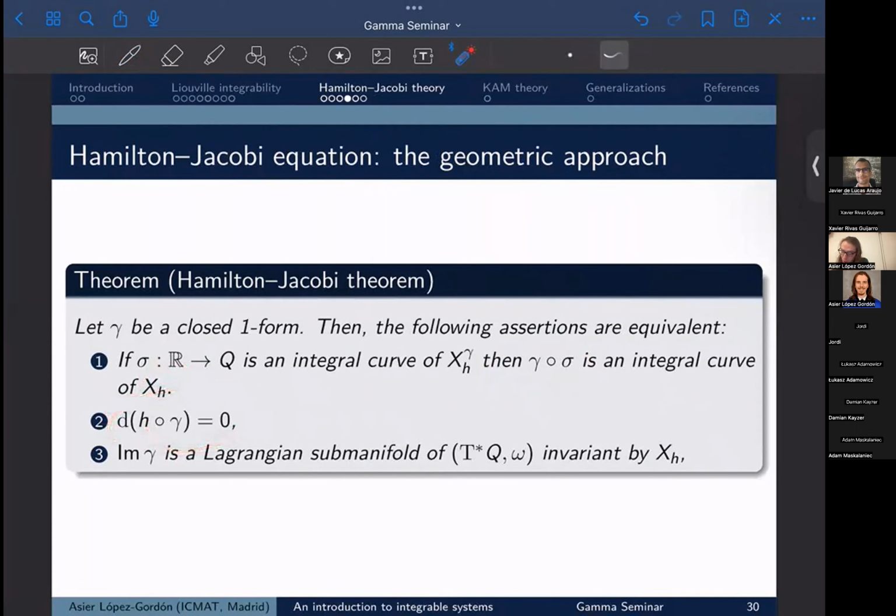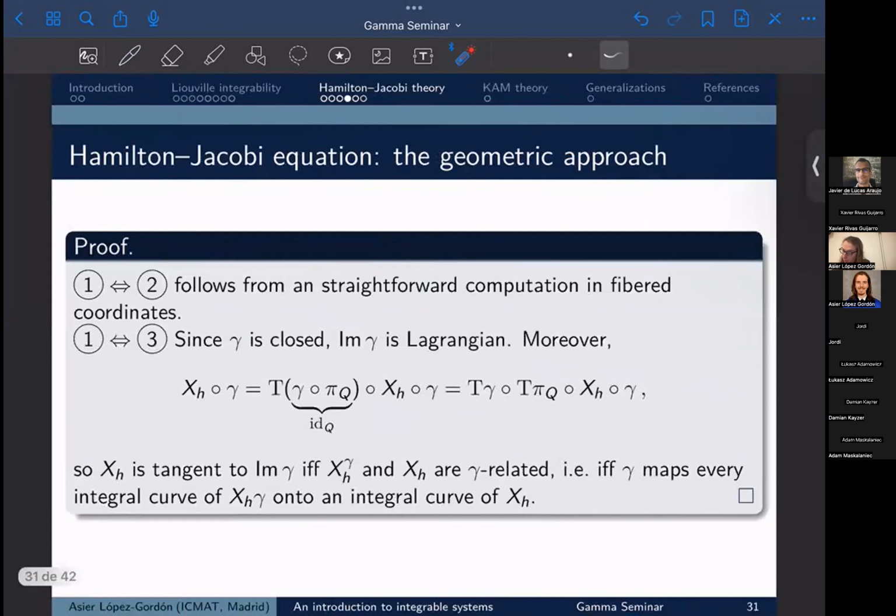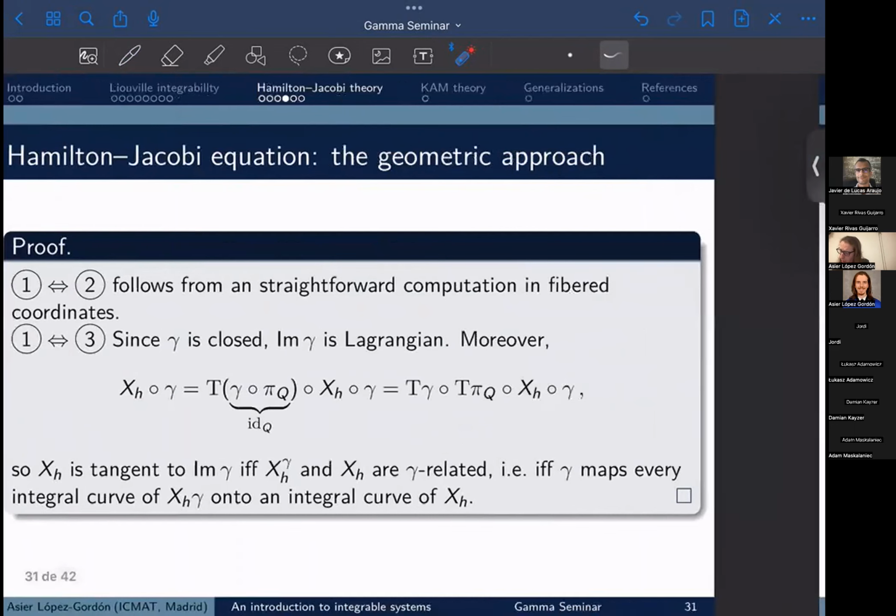This equation, which is like a more geometric version of the Hamilton-Jacobi equation, or the image of gamma is a Lagrangian submanifold of T star Q with the canonical symplectic form. Once again, we are seeing that everything is a Lagrangian submanifold. And this Lagrangian submanifold is invariant by the Hamiltonian vector field of H. Well, I will skip the proof.